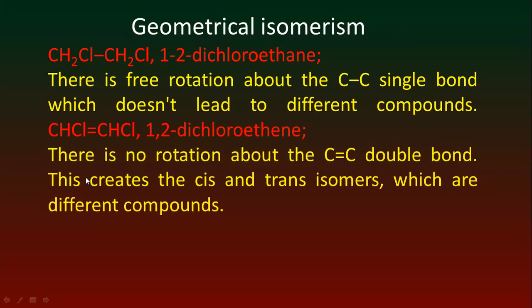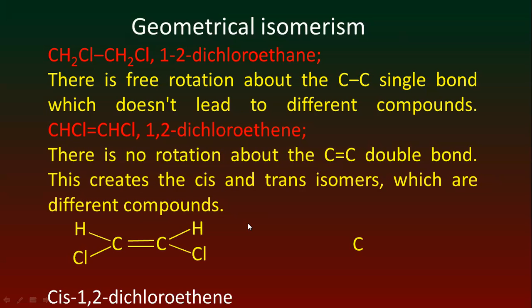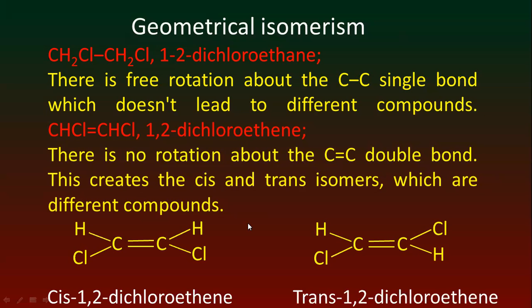So this creates cis and trans isomers, which are different compounds. The two different compounds are the following below. The left one is cis 1,2-dichloroethene, and the right one is trans 1,2-dichloroethene.